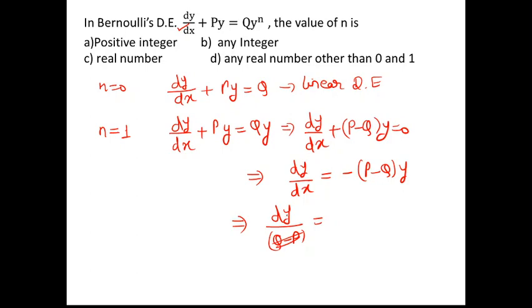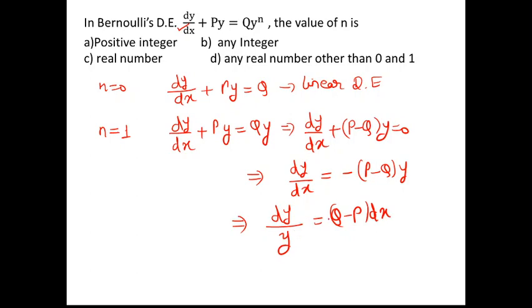So here this p and q are functions of x completely, so it reduces to the form. So separating the variables, we have dy by y is equal to q minus p dx. So this is completely a function of x, this is also completely a function of y.